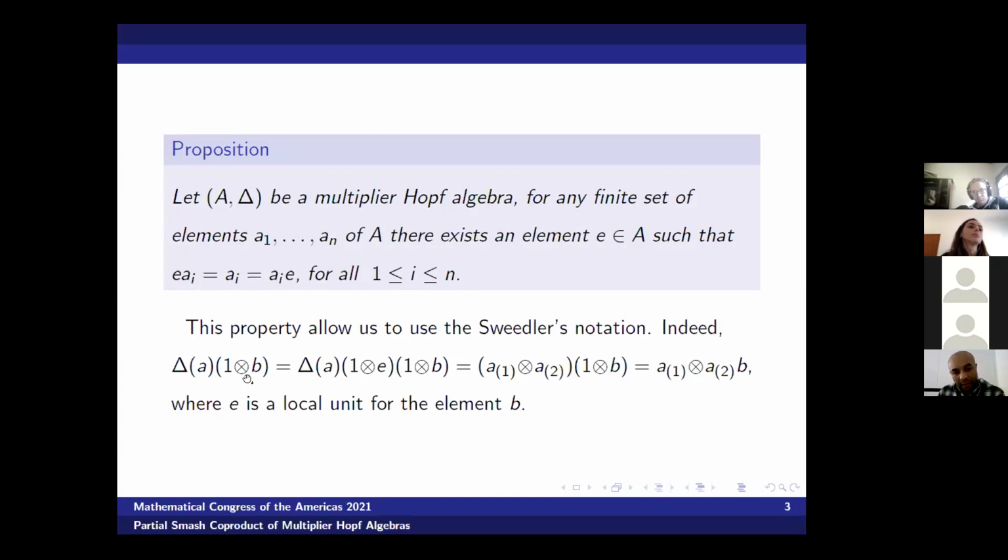At first, we have this product in the multiplier algebra. The unity that appears here is the unity in the multiplier algebra. So here we have a product in this algebra, and this last equality is the way that we write this expression. Of course, here we have some dependence on the element, but for finitely many elements, you can choose the same one.